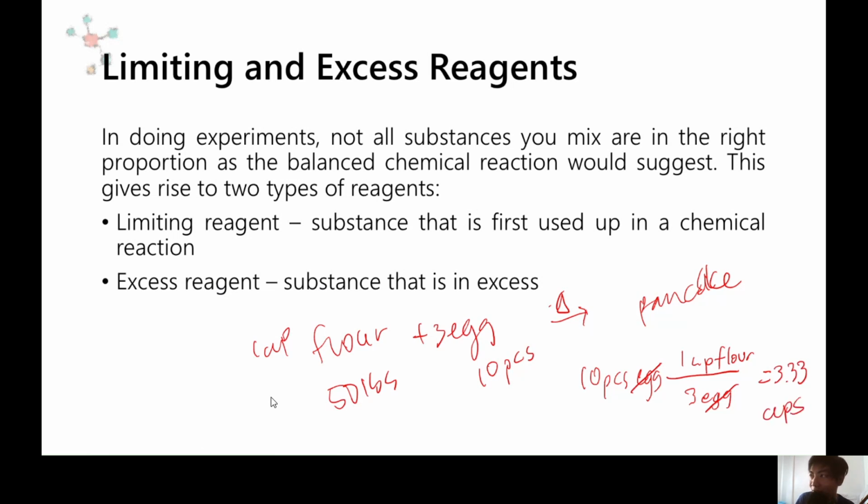Pero how much do you have? You have 50 pounds. Itong 50 pounds na to, this is a lot, no? This can feed many people na. So, we can obviously see that the egg would be our limiting reagent and the flour will serve as our excess reagent.